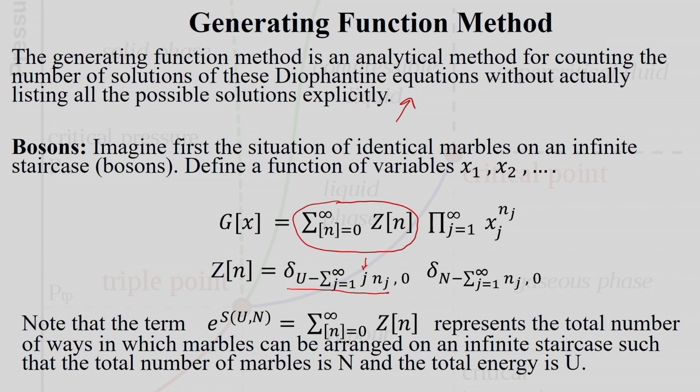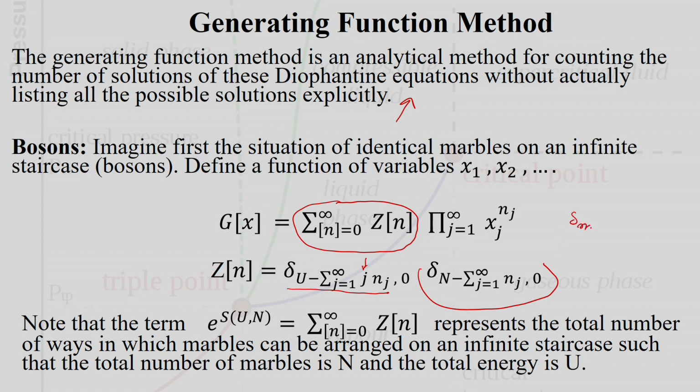This forces me to assert that the total energy of the microstate is u all the time, and this Kronecker delta forces me to assert that the total number of particles is fixed as n.